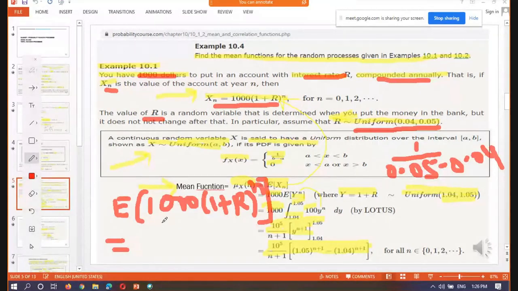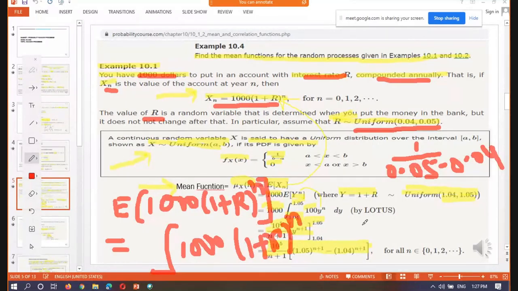So this expectation can be directly written as like this. So I'm writing here the integration of (1 plus small r) raised to power n, and then you have to multiply the density function.